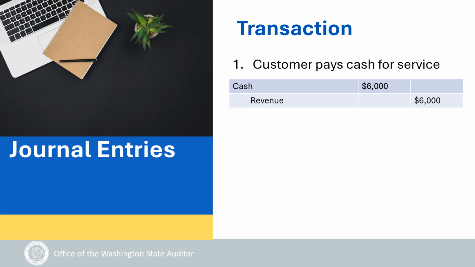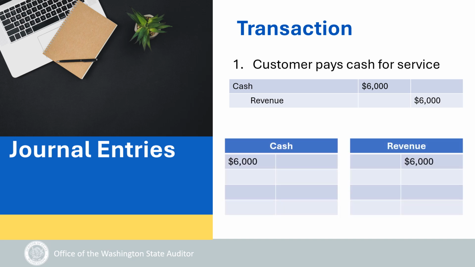Our next step is to put this information into our T accounts. We debit cash, so the amount is entered in the left column. We credit revenue, so the amount is entered in the right column. Remember, in these T accounts, the left column is always debit and the right column is always credit.